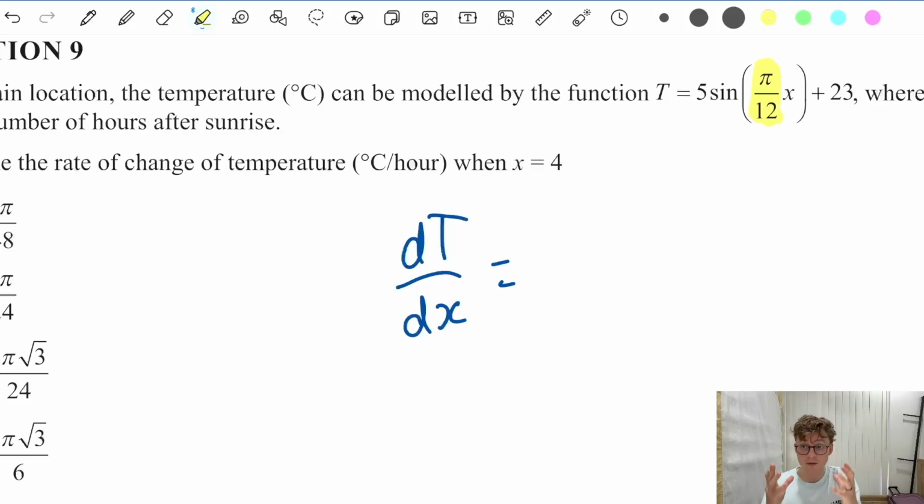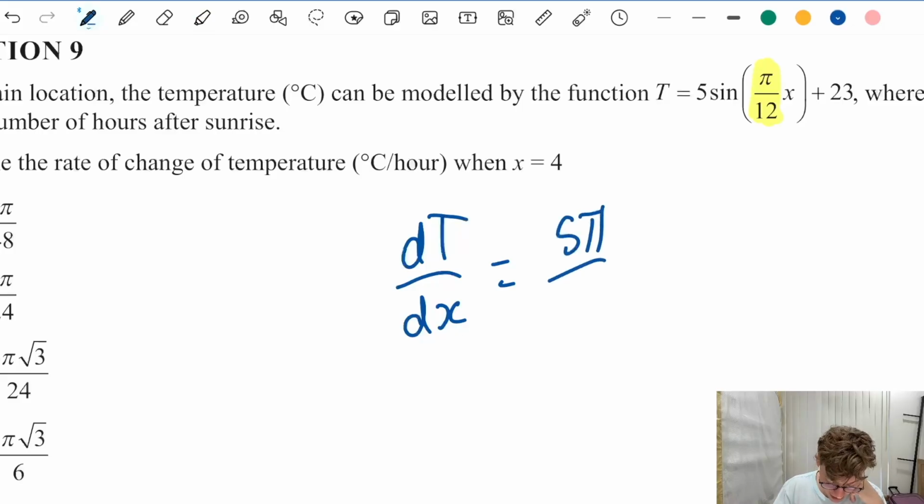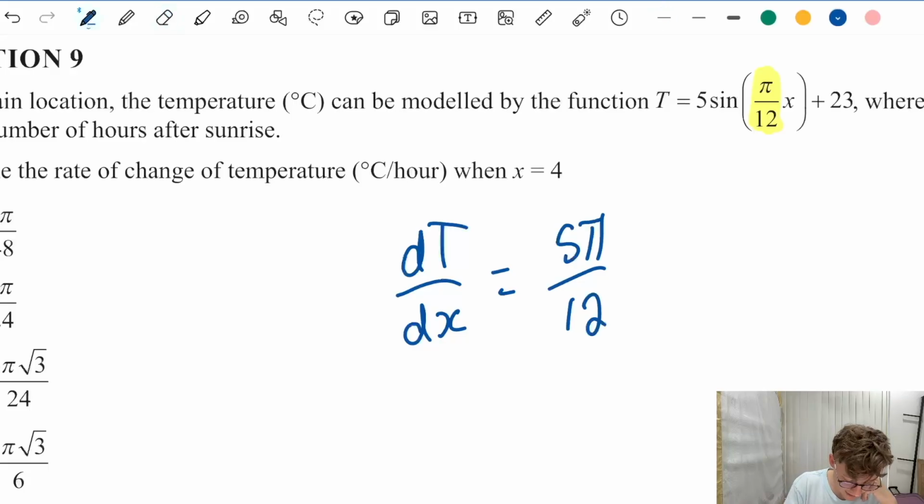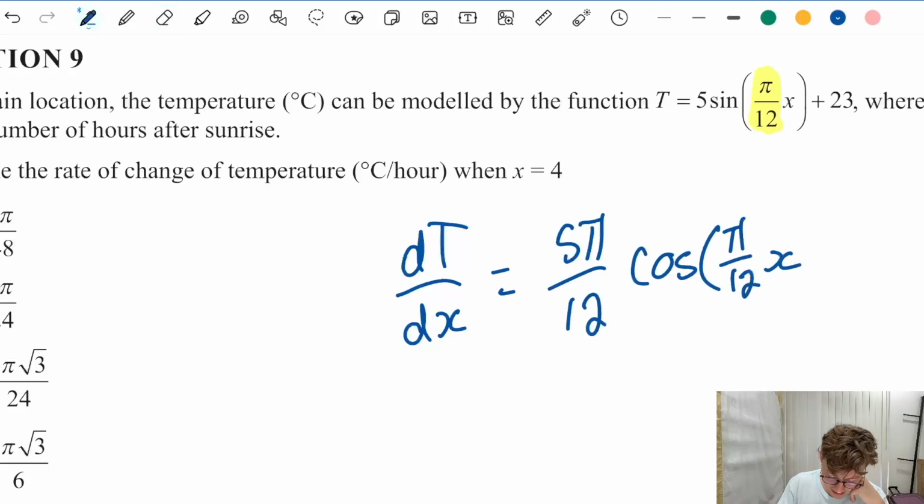The derivative of pi over 12 multiplied by x is simply pi over 12. So I'm going to bring pi over 12 out the front. I wind up with 5 pi over 12. Oh, sorry, it's not sine, it's cosine. Cosine, the part inside the brackets stays exactly the same, and my constant on the end, the plus 23, disappears.